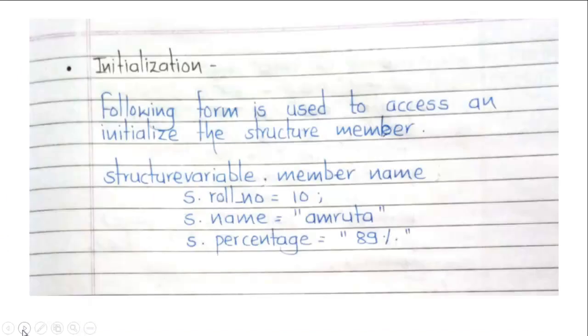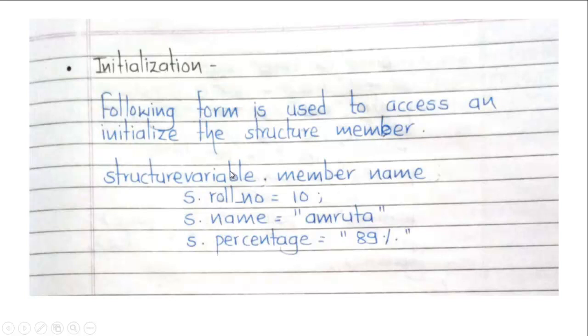Then initialization. This is the syntax for how initialization is done in a structure. The following form is used to access and initialize the structure member. The syntax is structure variable dot member name.